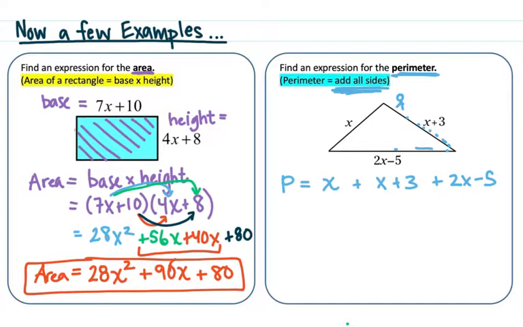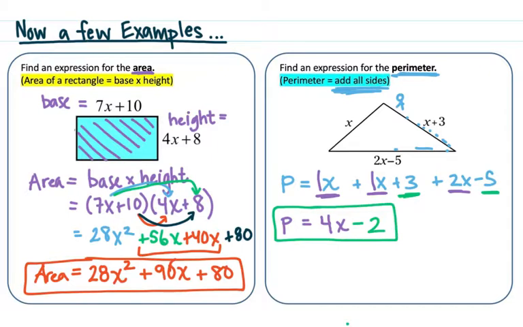Okay, so this we just combine like terms. We'll add all the x's. So that's 1x plus 1x plus 2x, which is 4x. And then we will add all the just numbers. 3 minus 5 is minus 2. So in this case, the expression for perimeter would be 4x minus 2.